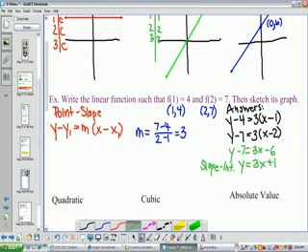So to sketch a graph of these, remember, this one you could do a couple of things. We know we have the point 1, 4, and 2, 7.